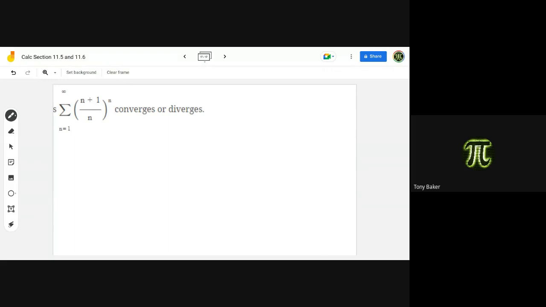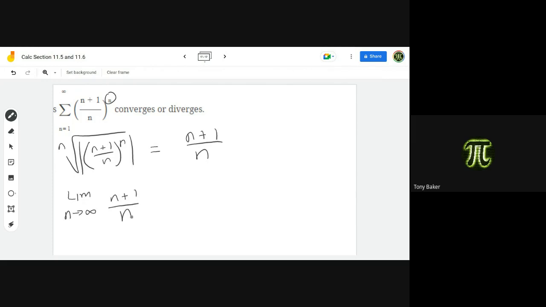So it's to the nth power, something crazy to the nth power. Let's use the root test. So this would be just n plus 1 over n. So we're looking at the limit as n goes to infinity of n plus 1 over n, which equals what?